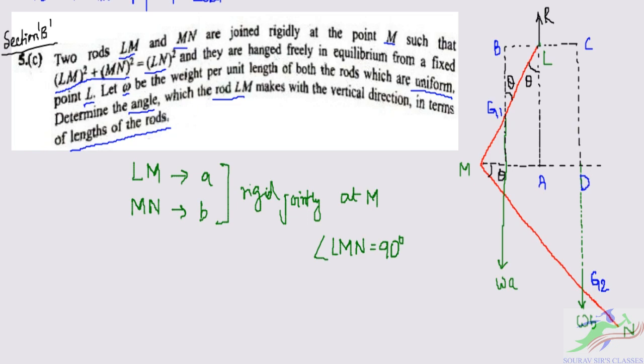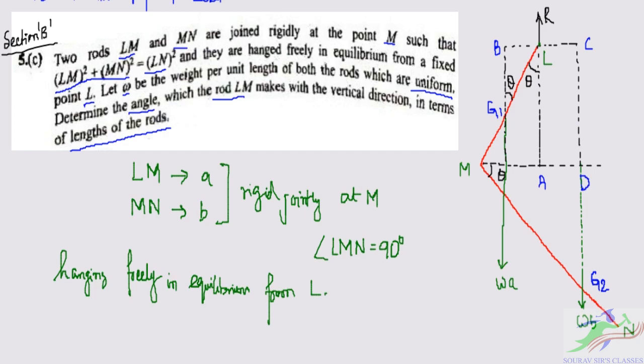This is the fixed point, and the rods hang freely in equilibrium from the fixed point L. Now, how can the rods be in equilibrium? The rods will be in equilibrium under the action of three forces.